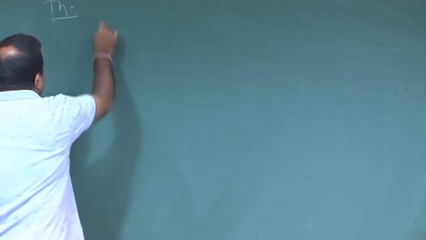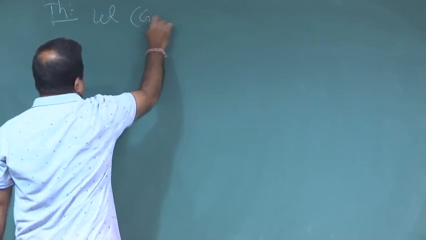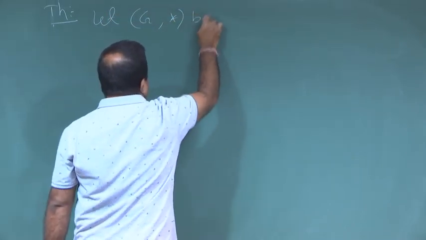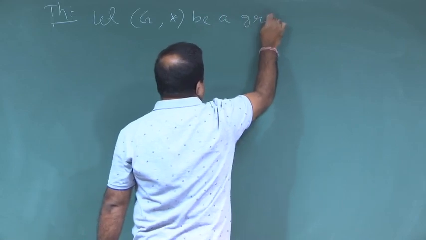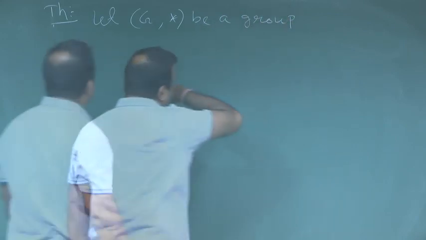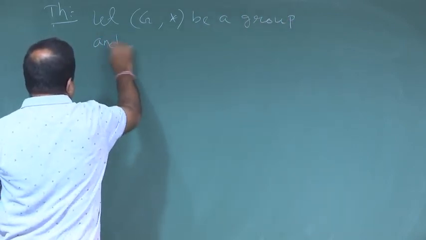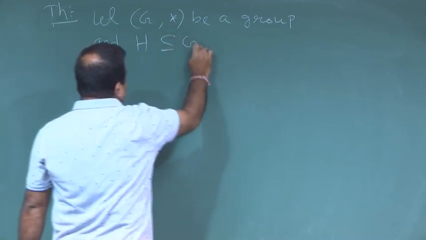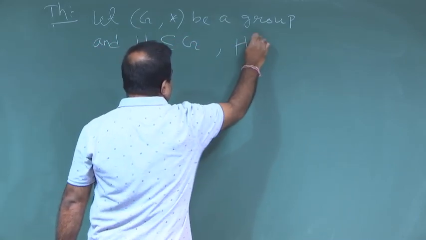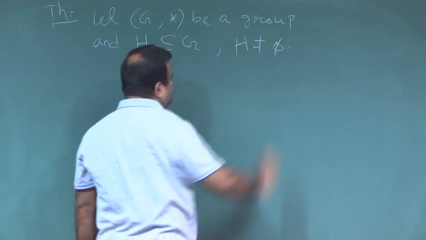So, this is telling: let G be a group and H a non-empty subset, that means H is not equal to phi.